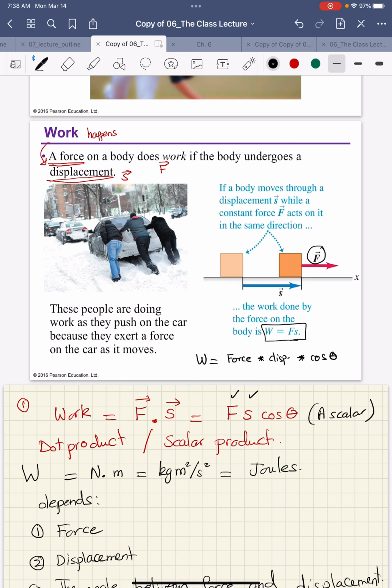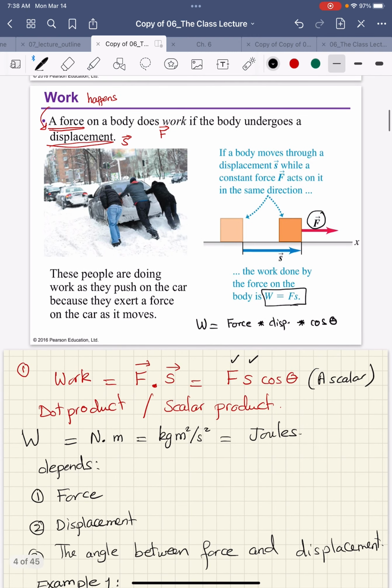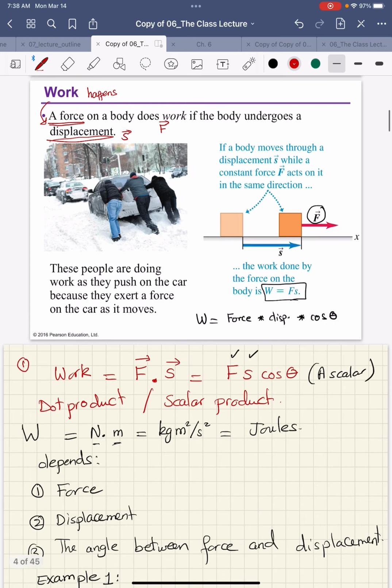Based on this, I can define the unit for work as newtons times meters, which is kilograms times meters squared divided by seconds squared, which is very convenient to call a joule, in appreciation for Mr. Joule, and it's also very easy for us to use.